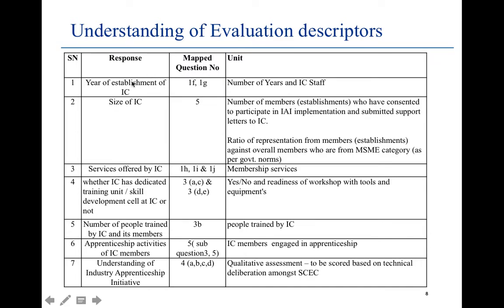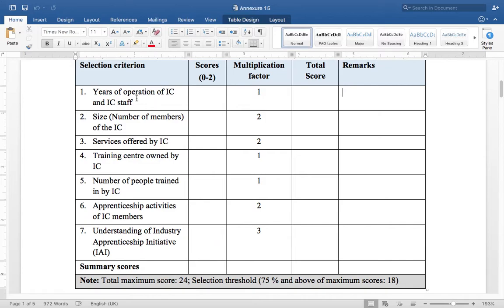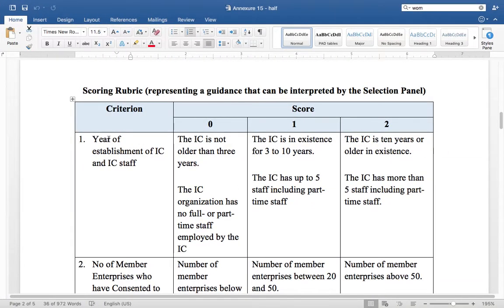So for example, when we say year of establishment of IC, or year of operation of IC, this is one evaluation category. The scoring rubric for year of establishment of IC is a score of 0 to 1.